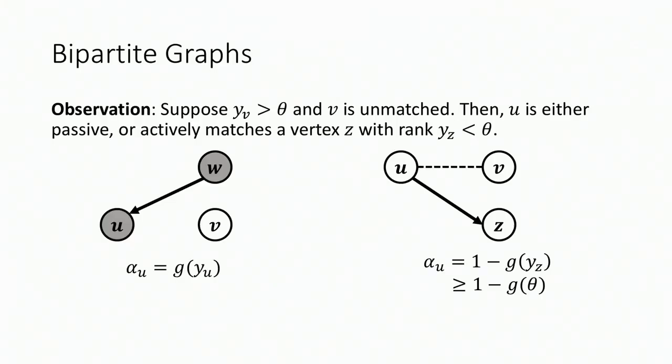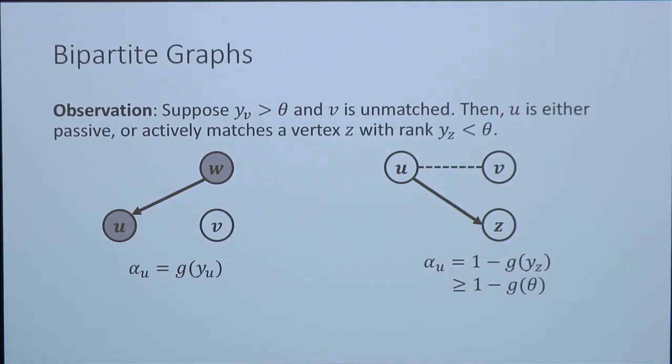If you match actively to some other vertex z, then just like the old days, you can argue that the rank of z is at least as good as the marginal rank of v. Otherwise, well, what is v doing, right? v just needs to get marginally lower than yz in order to grab u's attention. So theta should be at most as good as yz, and therefore the gain of u is always lower bounded by 1 minus g of theta.